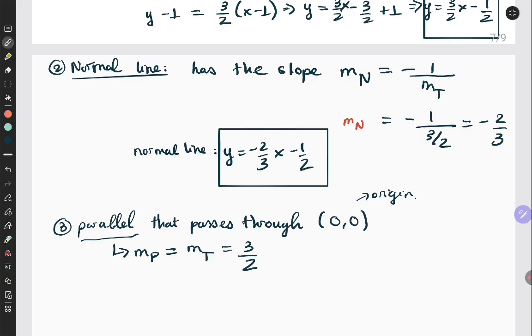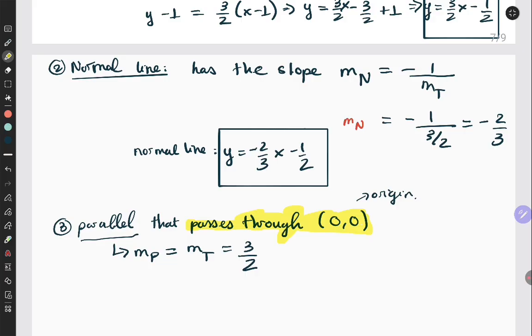Why do I add this information? In other words, do you recognize my mistake? Why did I add that information? Because any line that has that slope is parallel. So if you want a specific line, then you have to tell the point it goes through.